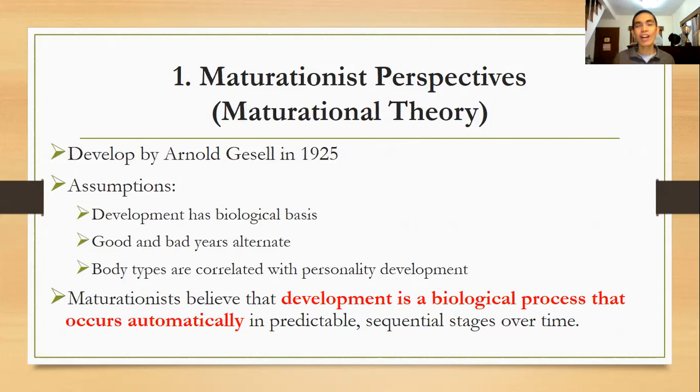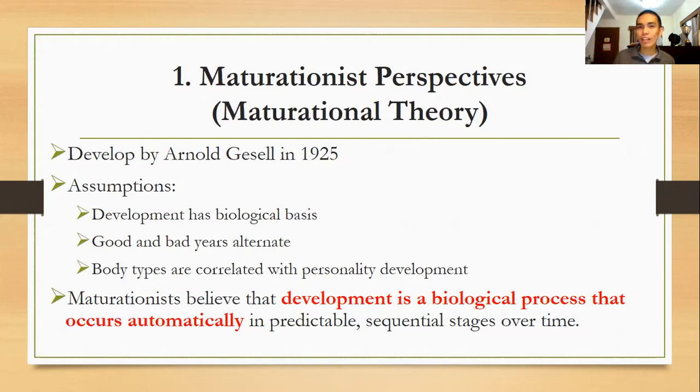All right. The implication of this in the classroom is that most teachers think that a child or student who is younger than their classmates is not yet ready to accept the instruction, or is slow in learning, because that is maturationist thinking.